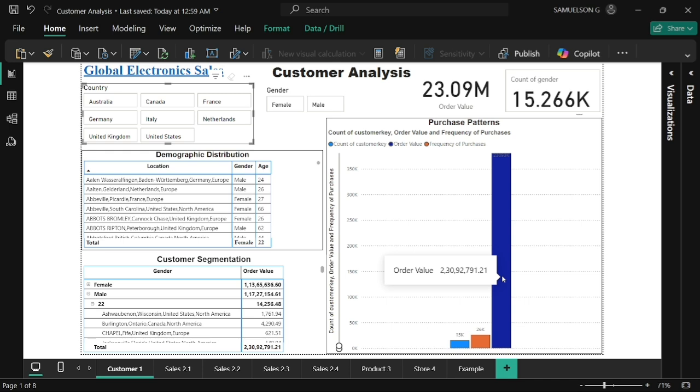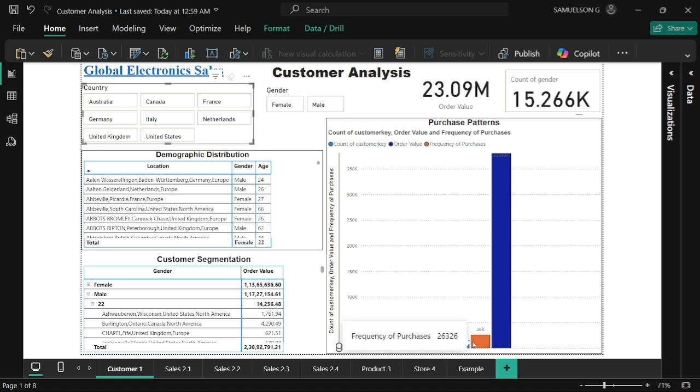Manufacturers charged this amount for the products before, and the global electronics sales store sells them for different prices. So this order value is the manufactured product order value. It's the cost of the product before selling it.